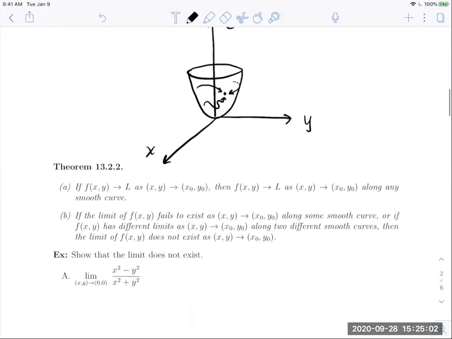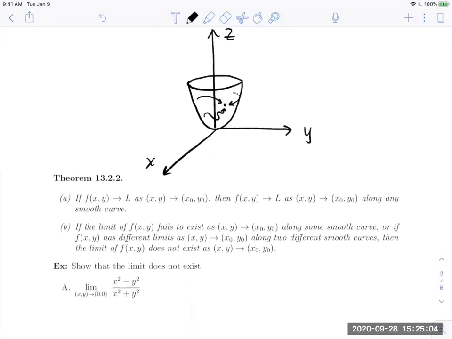So Theorem 2 is going to talk about how we understand the behavior of a limit when we're approaching from different directions. Part A says, look, if your function has a limiting value of L as (x, y) approaches (x naught, y naught), then it shouldn't matter what way you approach that point, that limiting value is going to be the same along any smooth curve.